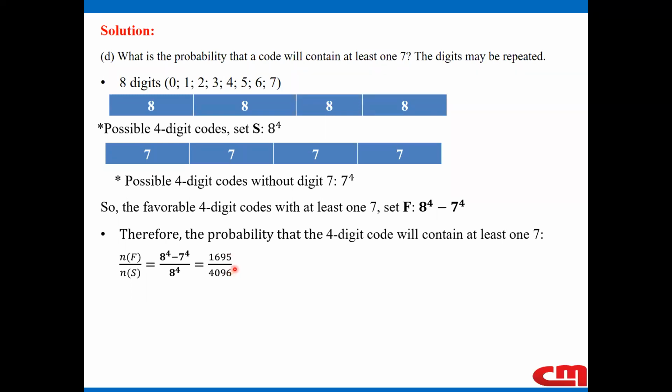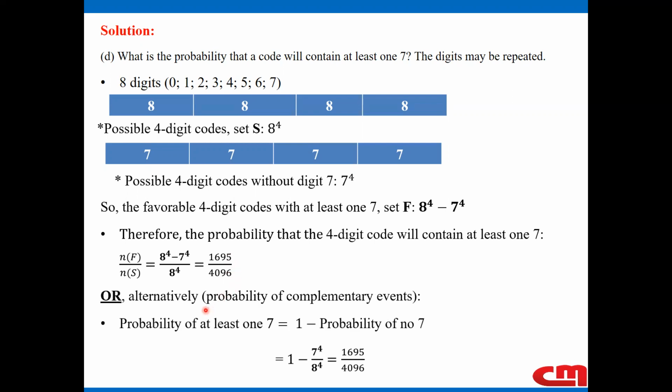However, this is not the only approach. Alternatively, we could have used the idea of probability of complementary events, right? That is, probability of at least 1 7 is equal to 1 minus probability of no 7, right?